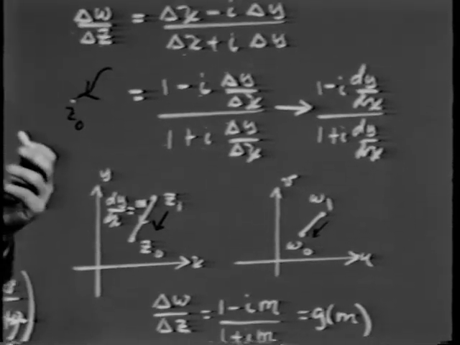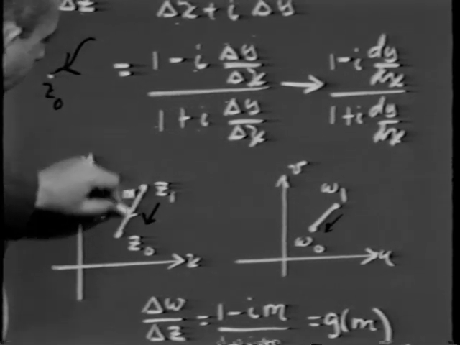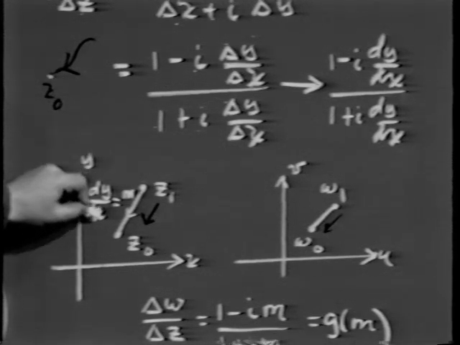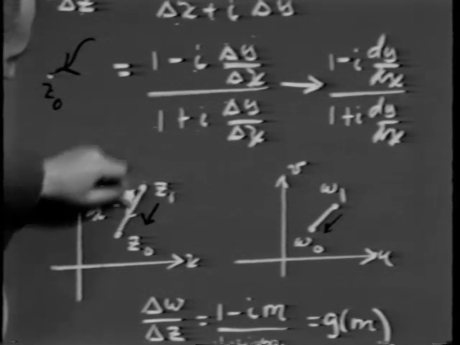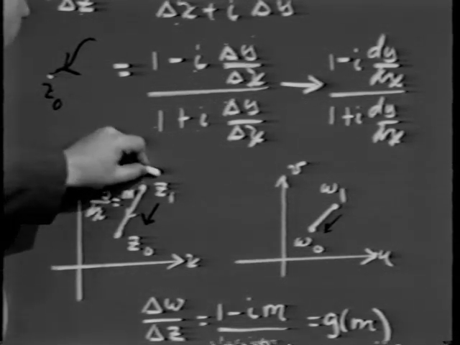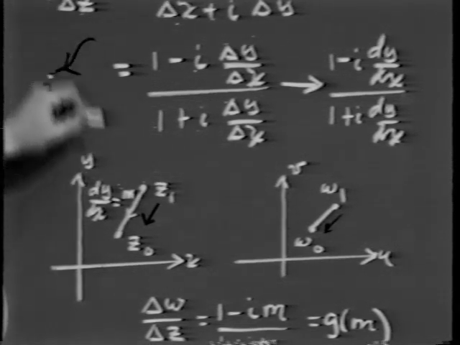Now, to simplify this, let me assume that I approach z0 along some straight line. Let me pick a fixed straight line which goes through z0 and has slope m. In that case, dy dx is the same as delta y over delta x, which is m for all points on this particular line. So what is dy dx in this case? It's m. Consequently, what is delta w over delta z in this case?